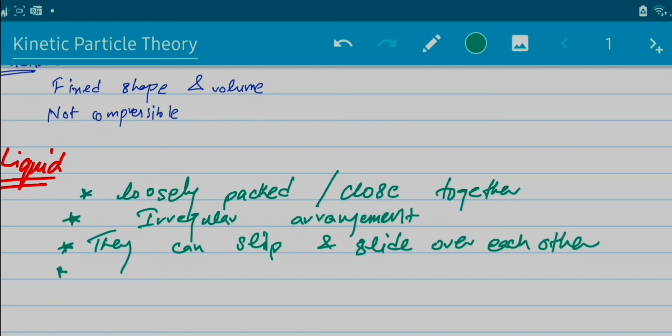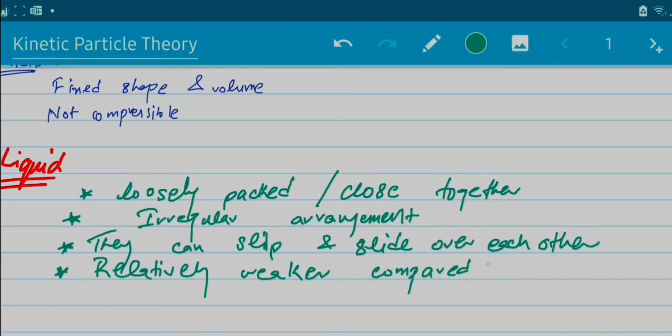The last one is that the attraction is relatively weaker when you compare a liquid particle to a solid one. So you can say they have weak bonds, or they are weaker compared to solids.